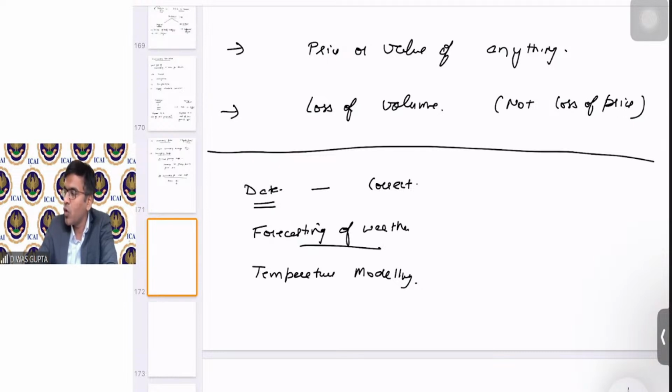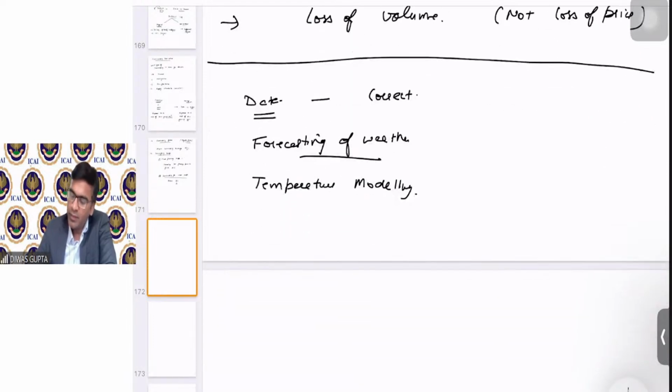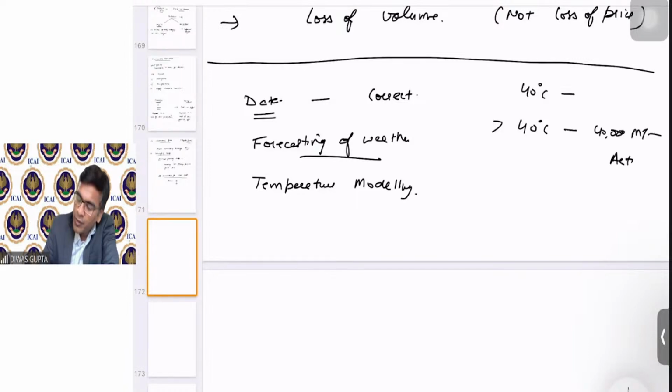So Namrata is saying loss of volume. Please give an example. Namrata, as I just discussed, the contract says that if the temperature is 40 degrees Celsius, then nothing needs to be done. If the temperature is more than 40 degrees Celsius, then the person who has purchased this contract will get a volume benefit of 40,000 metric ton minus actual volumes.